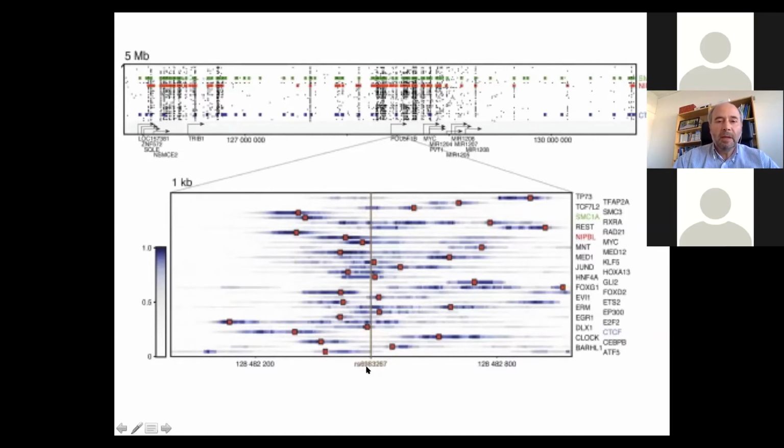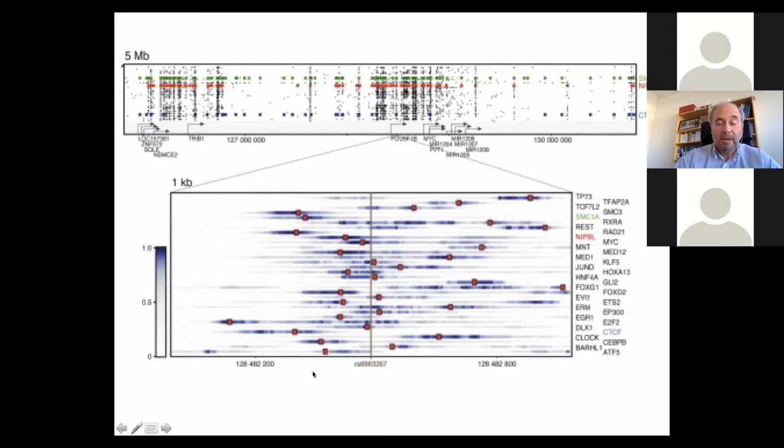In the line which carries this SNP, we experimentally observed a lot of binding of many transcription factors to that place. Actually, the whole place is rearranged. So in case of this SNP, not only the binding sites immediately affected by this SNP are affected, but also the region around is getting rearranged.